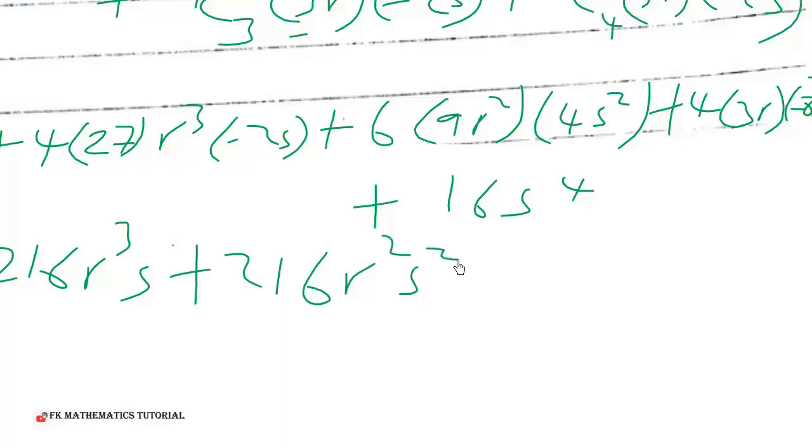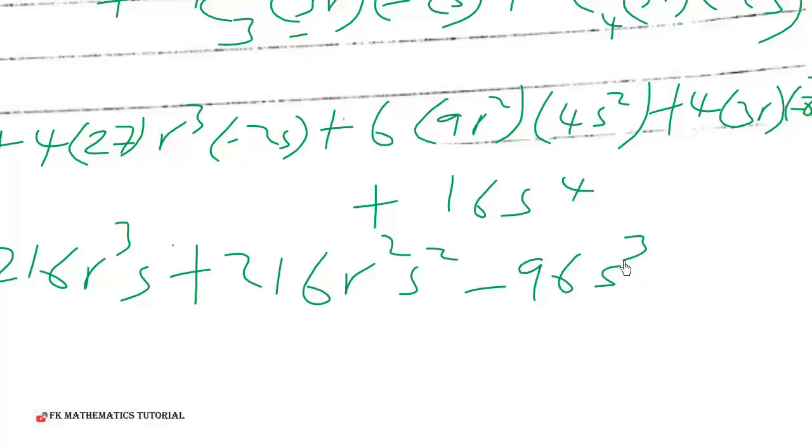Then we have 4 times 3 is 12, so 12 times negative 8 will give us 96. Then we have s cube. Oh, what is the R?